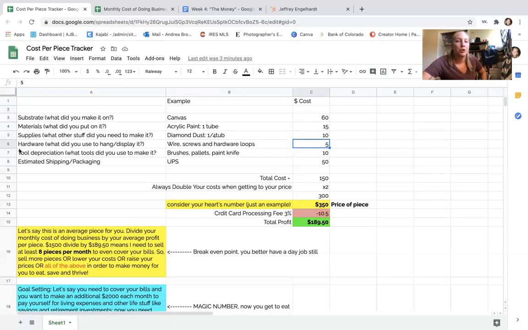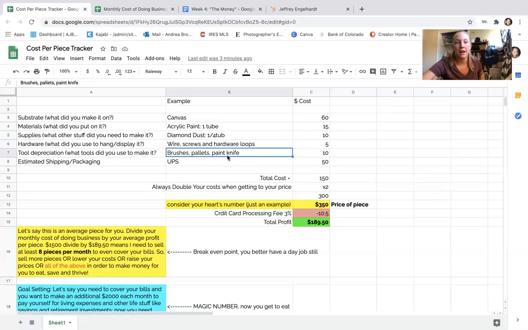Okay. Tool depreciation. What tools did you use to make it? And obviously, if it's a tool you keep, then you're not going to charge for the whole tool on this one painting because you're going to use that tool for lots of paintings. But you used brushes, palettes, paint knives, cups, aprons, all different kinds of stuff.